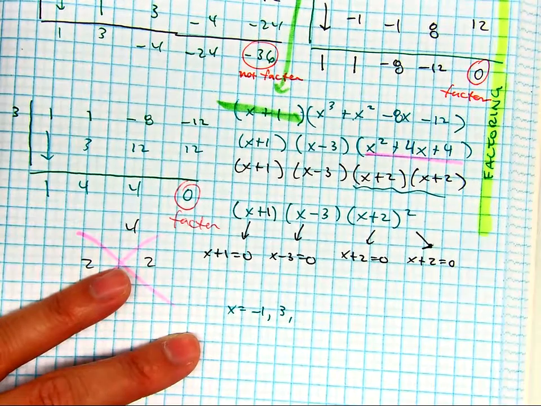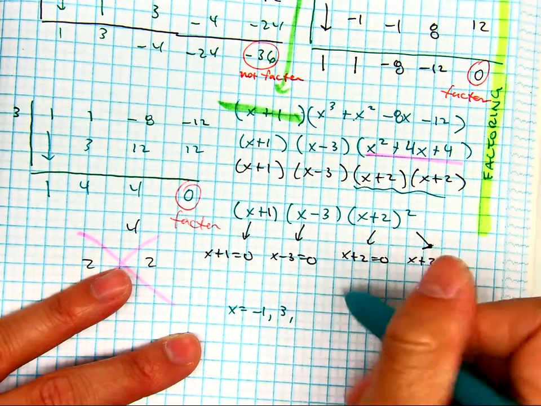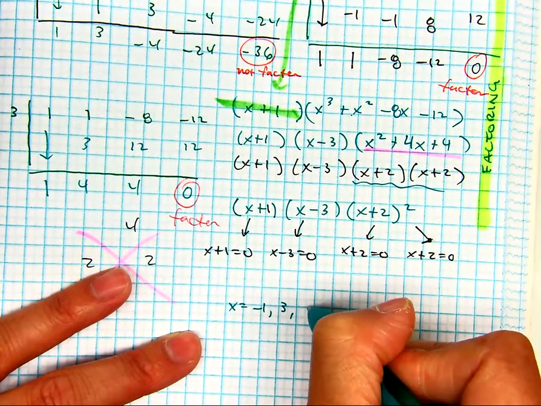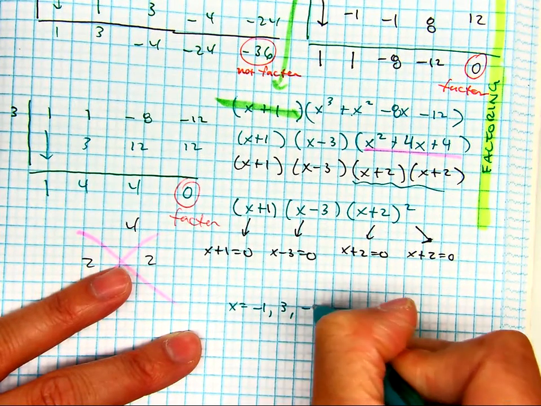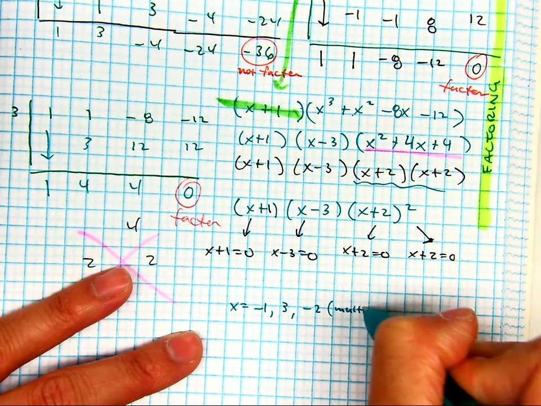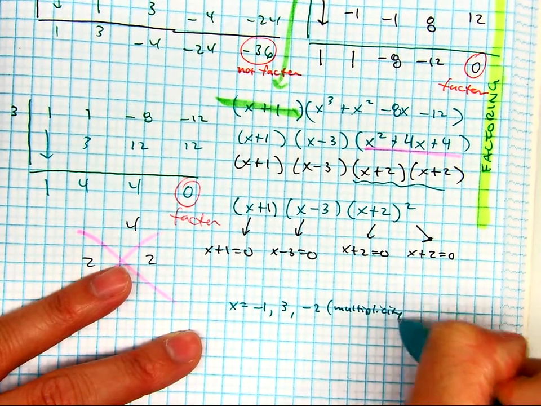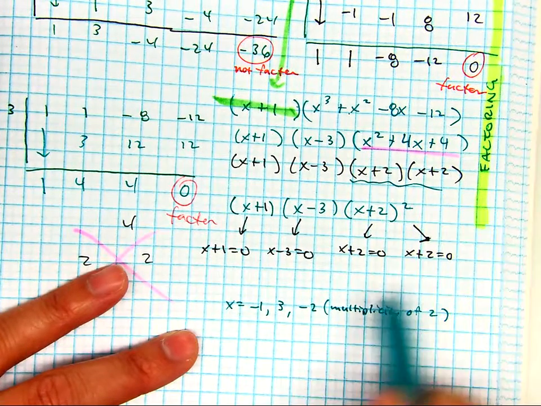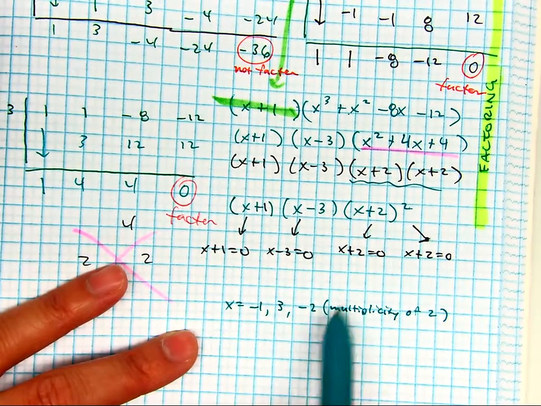Okay, how do you write negative 2? Twice. You could write negative 2 twice, but we also have a word that starts with an m that's called negative 2 with a multiplicity of 2. Does that make sense? The multiplicity there is twice. It's just saying instead of writing negative 2 two times, you're just saying multiplicity twice.